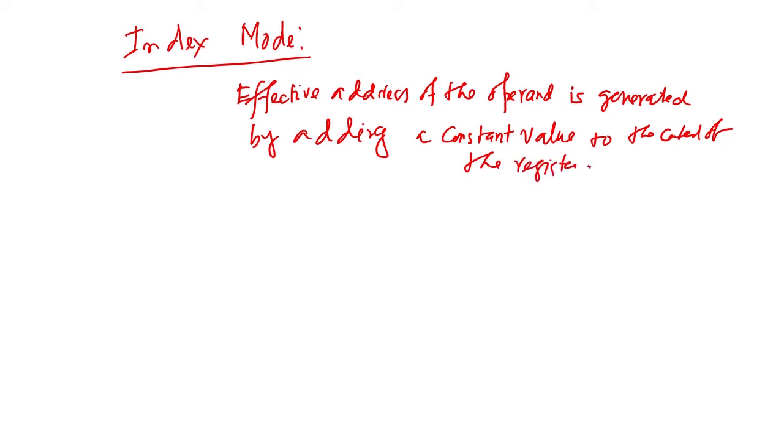It has different variations. An example is X R1, where R1 is a register. You add this constant with the content of R1.